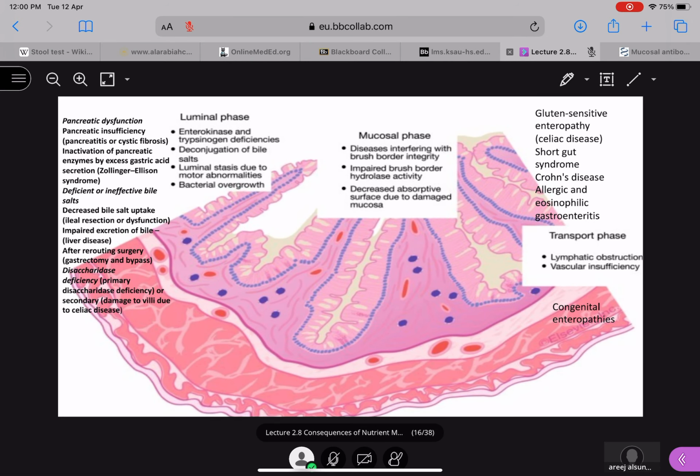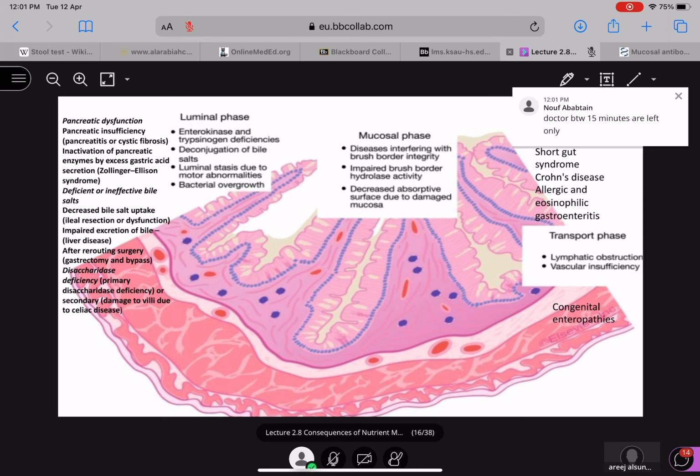So to summarize the causes of malabsorption, we have either a luminal cause, meaning within the lumen of the gut, and this mainly deals with digestion. Or a mucosal problem, which may be a problem with digestion or absorption. Or a transport phase problem, which deals with absorption.